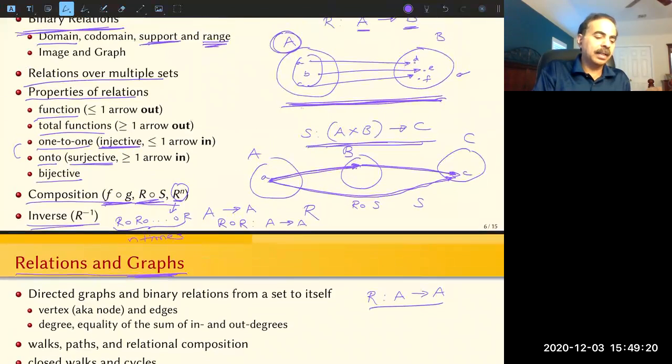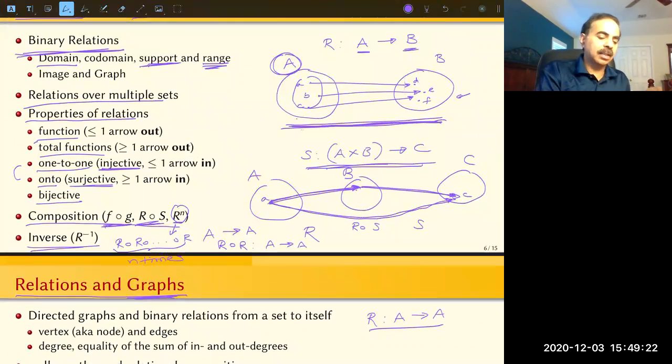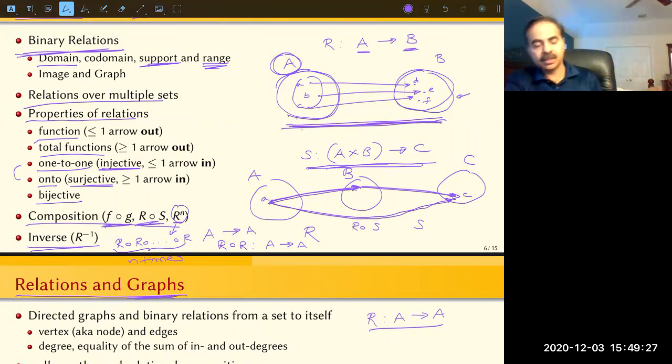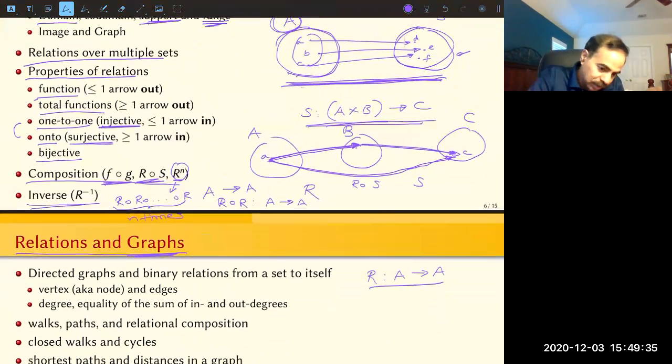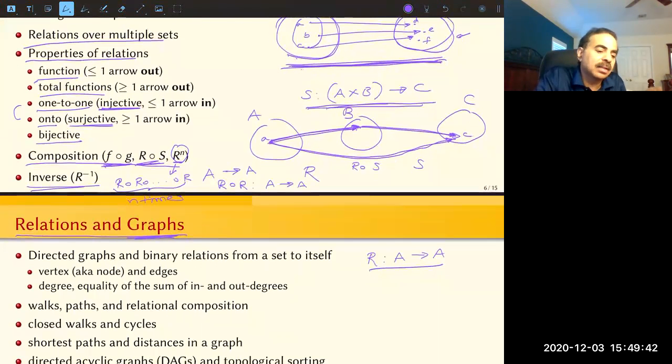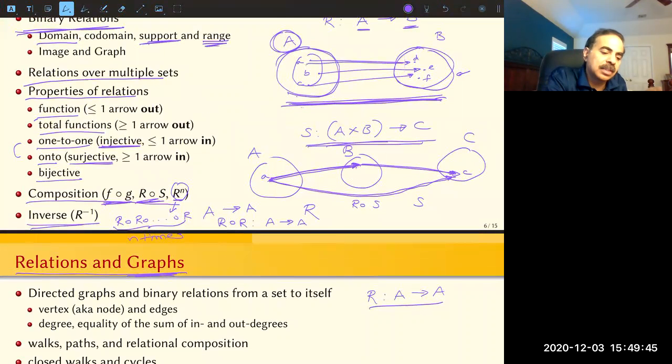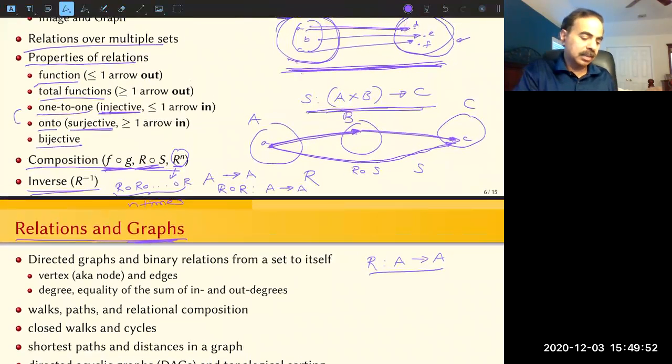See how we are drawing two circles here because we have two sets, A and B. If it's exactly just one set, then we don't need these two circles at all because everything is one set. But we still continue to draw arrows in this manner, and what we end up in that case is a directed graph, okay?